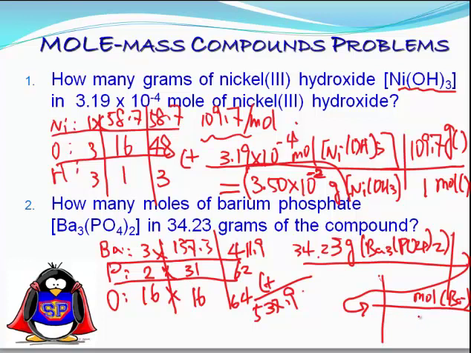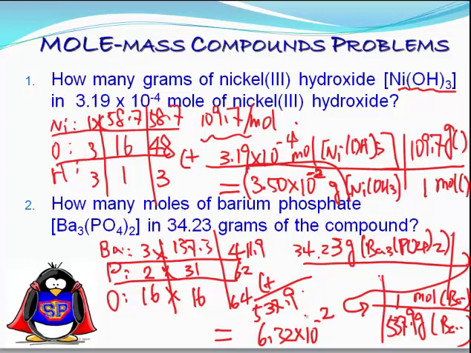One mole of that equals how many grams of the barium compound? One mole of that equals 537.9. You put it in the math, and this answer should give you 6.32 times 10 to the negative 2 moles of the barium compound.